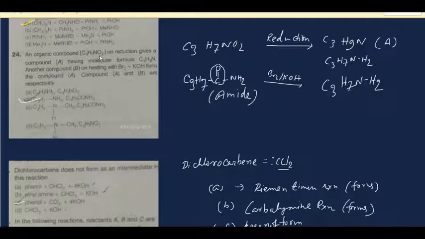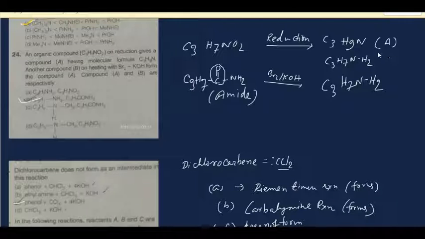An organic compound C3H7NO2 on reduction gives a compound A having molecular formula C3H9N. Another compound B on heating with Br2 plus KOH forms compound A. Compounds A and B are respectively? Here, the compound C3H7NO2 on reduction gives A, meaning that as NO2 is there, after reduction it will form NH2, right?